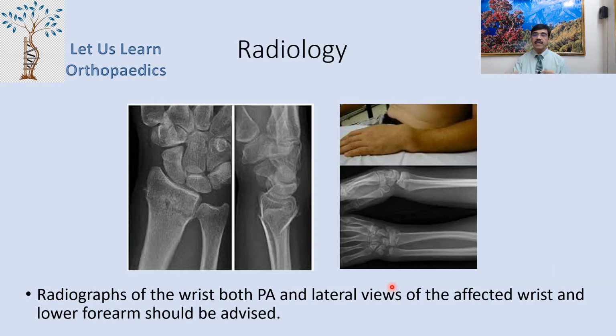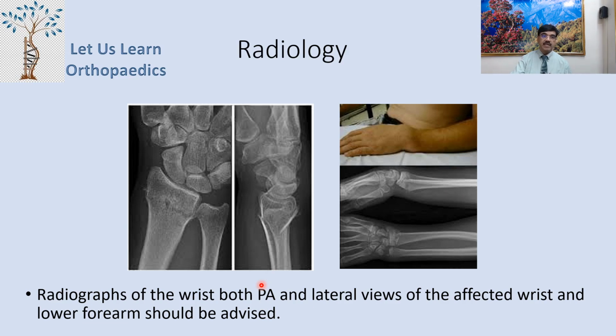Now once you have clinically diagnosed a case to be a case of Colles fracture, we need to confirm by advising radiographs. While prescribing the radiograph, we need to remember one thing. We will prescribe a radiograph of the wrist joint with distal forearm, PA view, not AP.